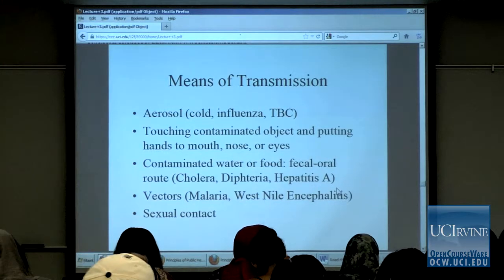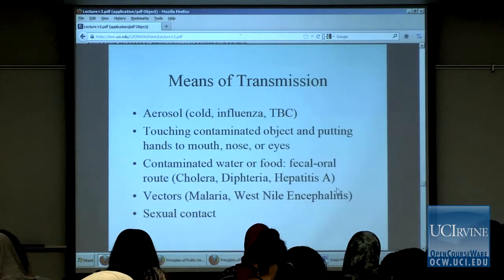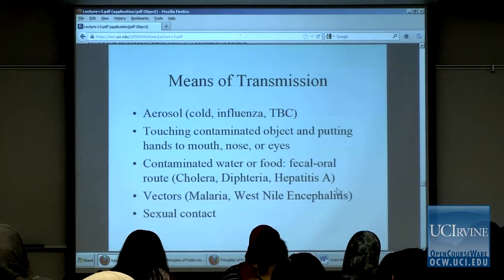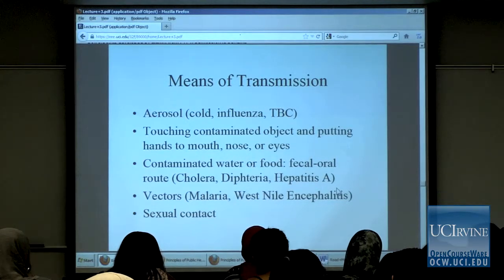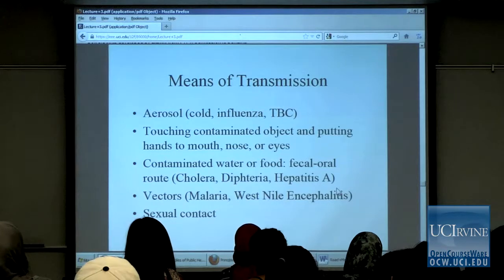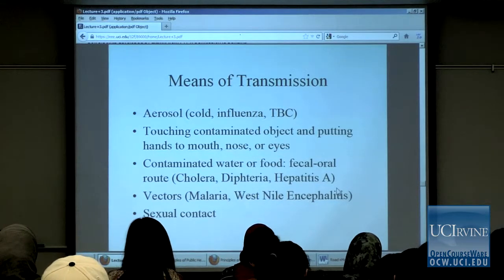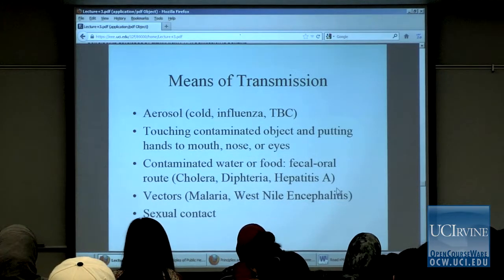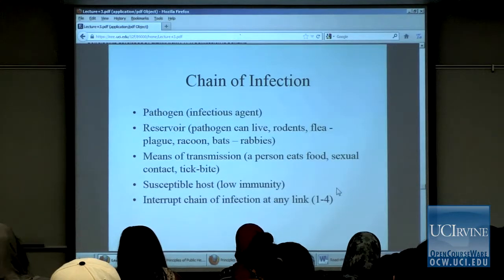If the disease can be transmitted through vectors, you have to find which way you can protect the public from spreading the disease. So it is very important to be aware of the different means of transmission.